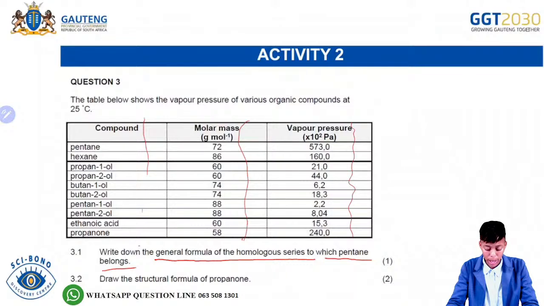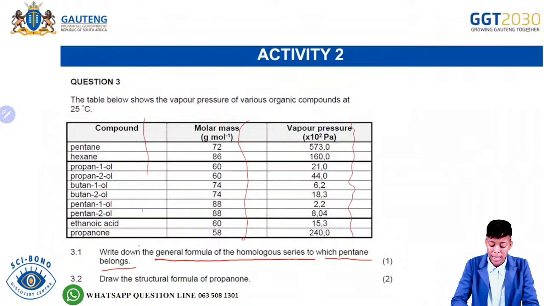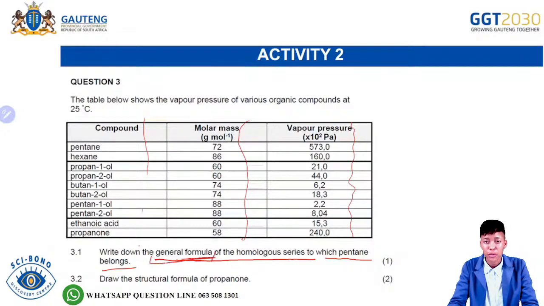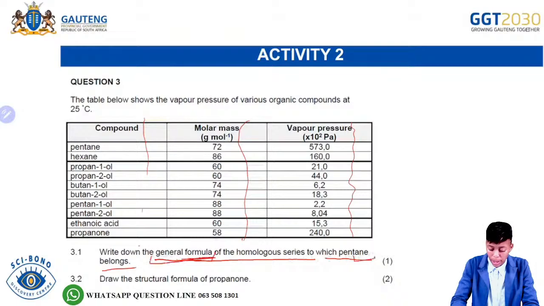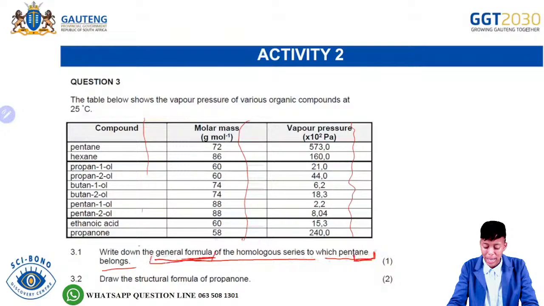belongs. So what are they looking for? They are not looking for the homologous series, but they are looking for a formula. Which formula? The general formula of the series to which pentane belongs. So remember I said you must memorize the name endings, or you must know the name endings off by heart.